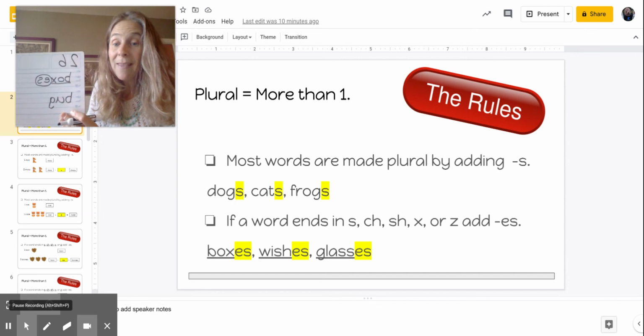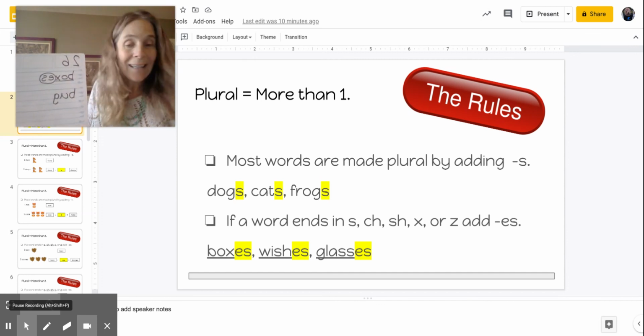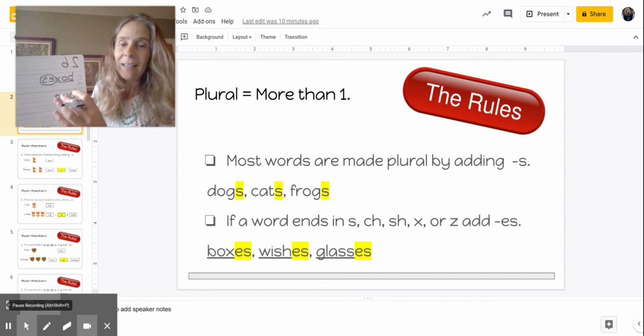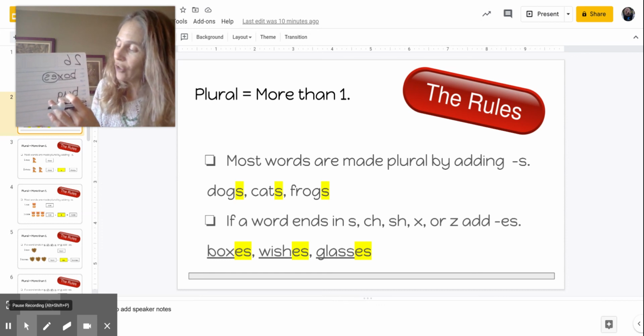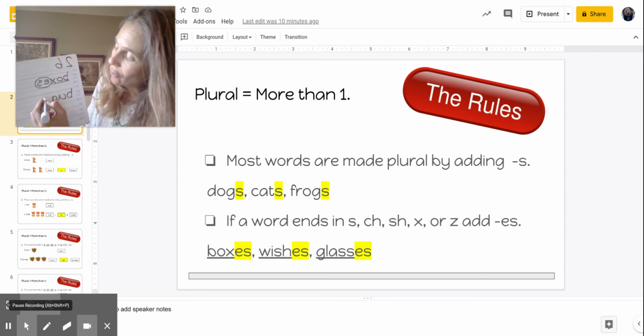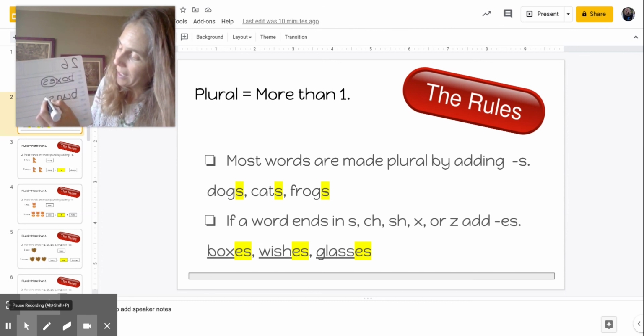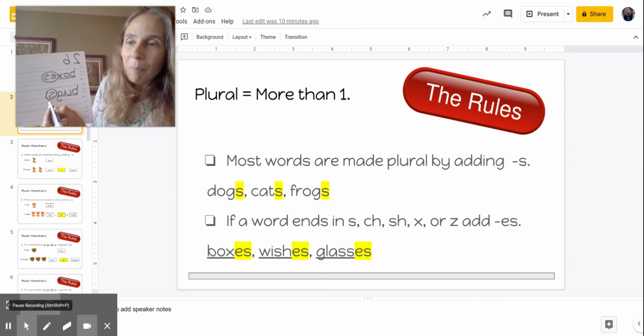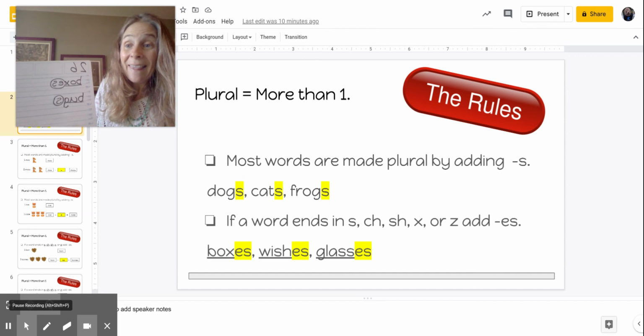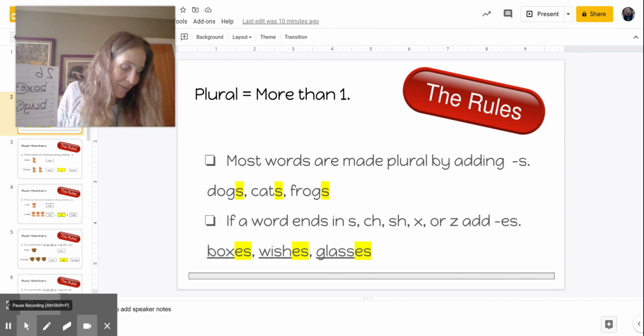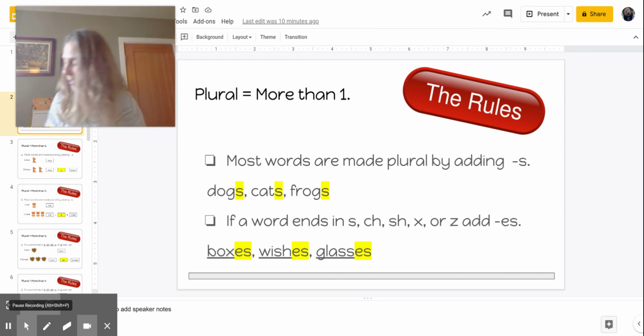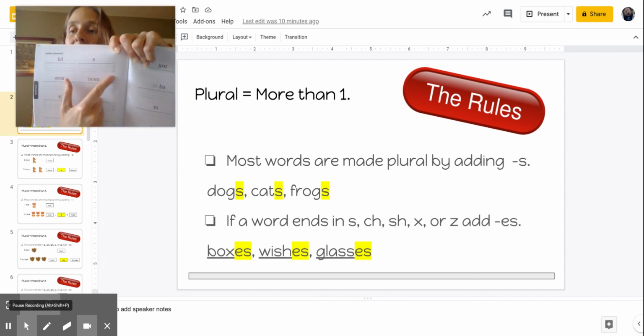And now I want to make that plural. So it doesn't end in an S, a CH, an SH, an X, or a Z. So I just add S to make it plural. And then I'm going to underline my base word and circle my suffix. And I have the word bugs. So that should be on page 27 of your student notebook under the S. I'm going to show you again right there where to put it.